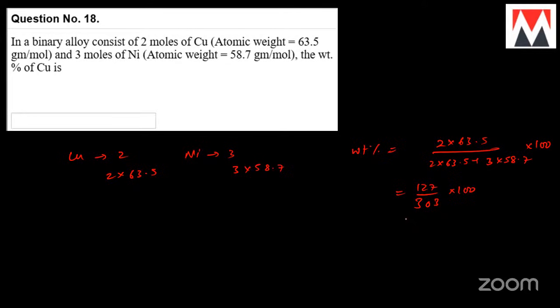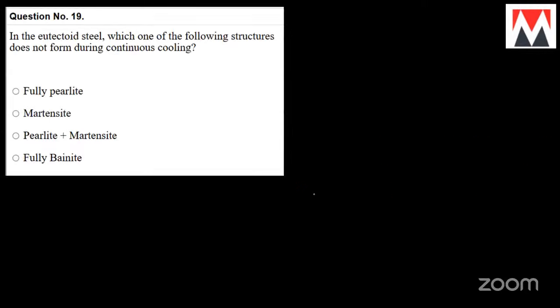You get 41.9%. So your answer is 42. Very good. There will be a range of nearly plus or minus 1. In the exam, try to take as near as possible to your answer. You can write 42 or 41 as the answer.